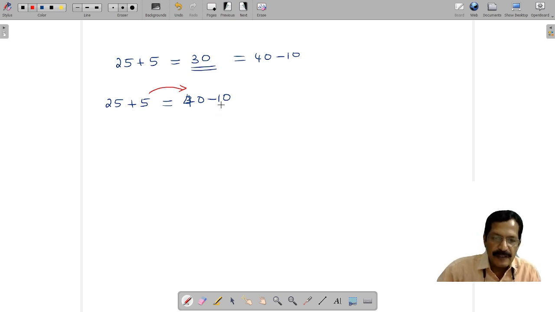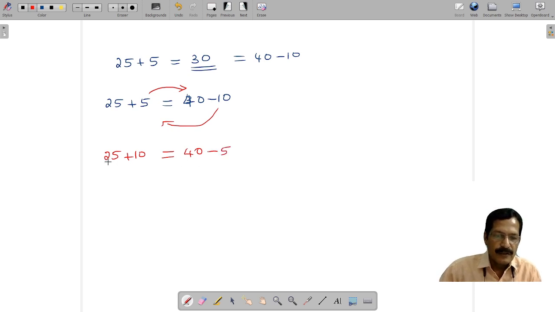And if you shift this minus 10 to the left hand side, it will become plus 10. So what will be the answer? Here 25, and the minus 10 brought here becomes plus 10. The equal symbol stays, and 40 is not changed, but plus 5 shifted to the right hand side becomes minus 5.